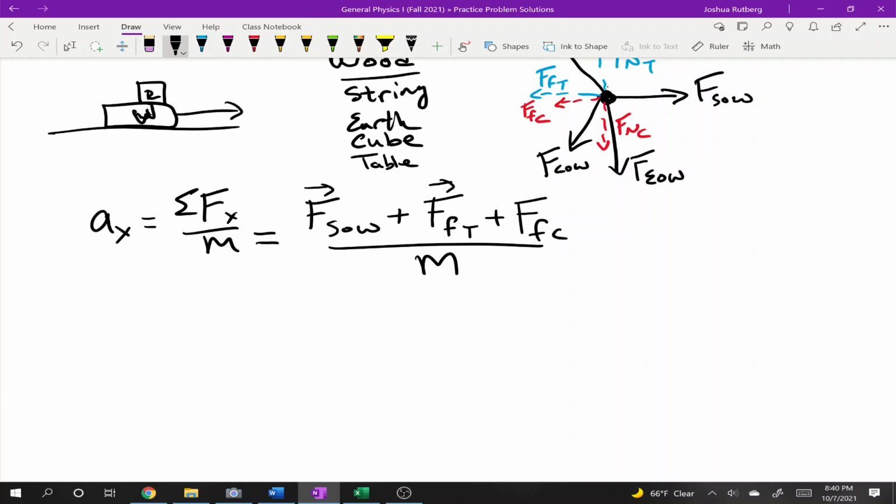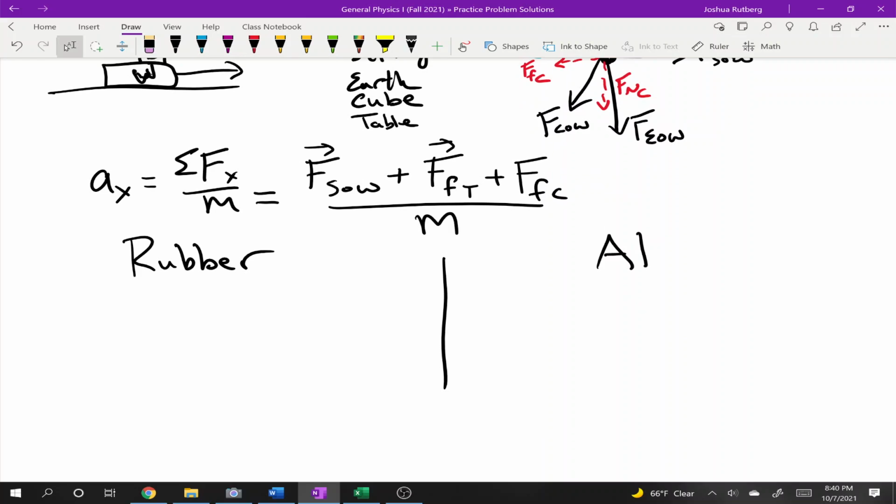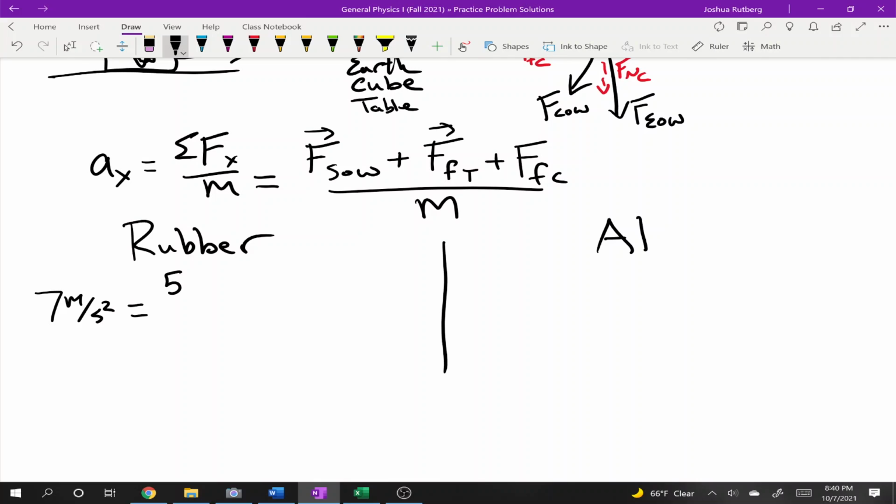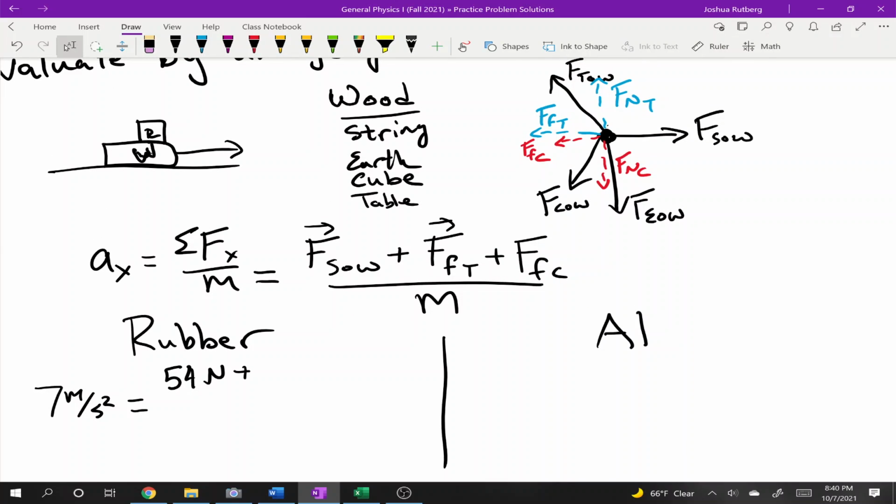So the acceleration in the x direction, and again, I can split this into rubber and aluminum. Sorry, forgot my words. So the acceleration for the rubber is 7 meters per second squared. It's equal to the force that I found for this, 54 newtons, plus the friction from the table.